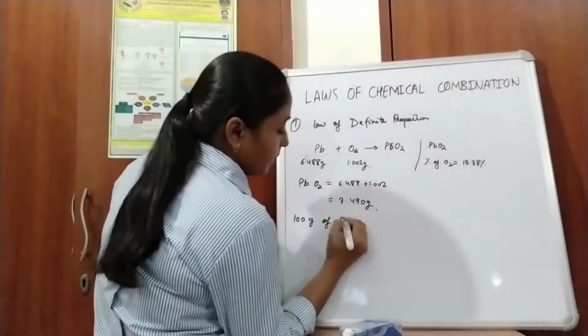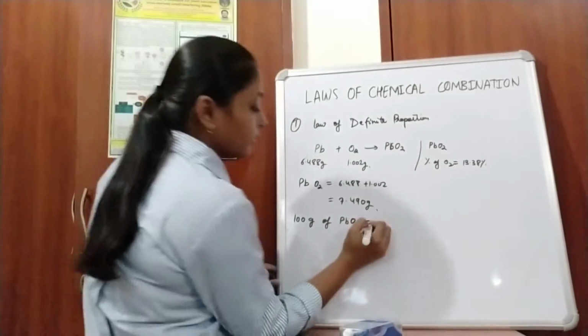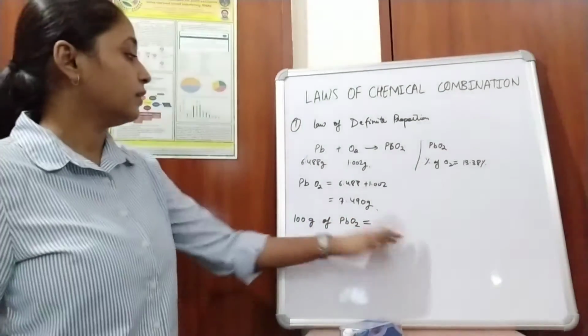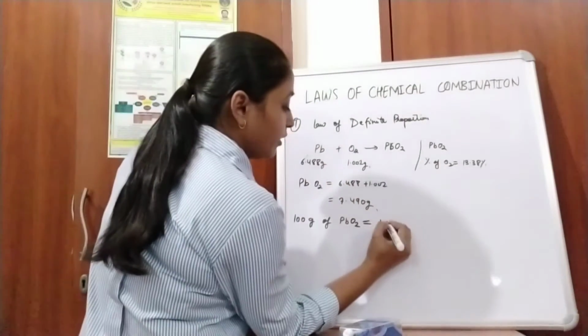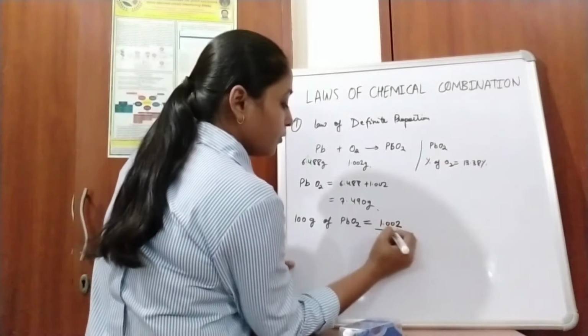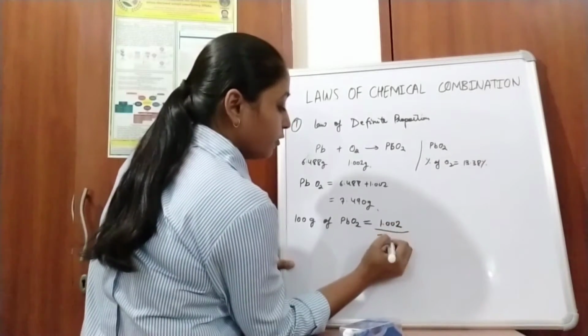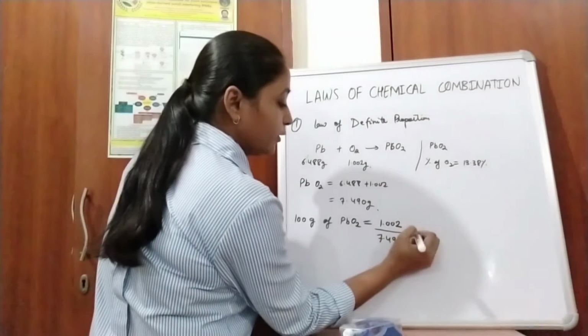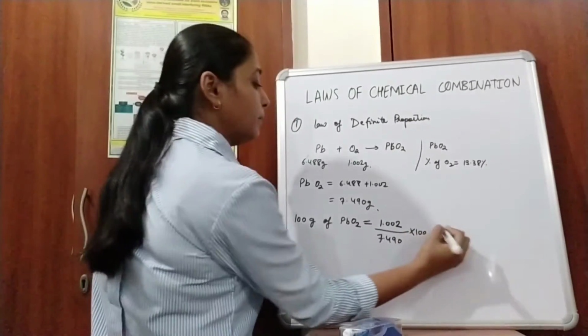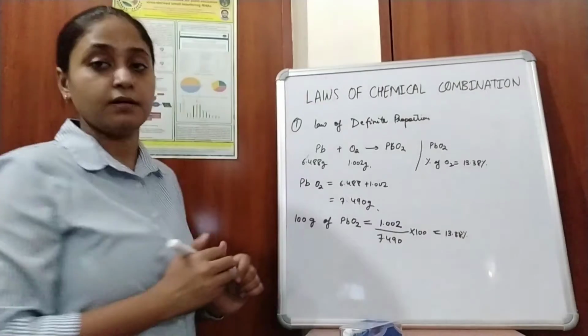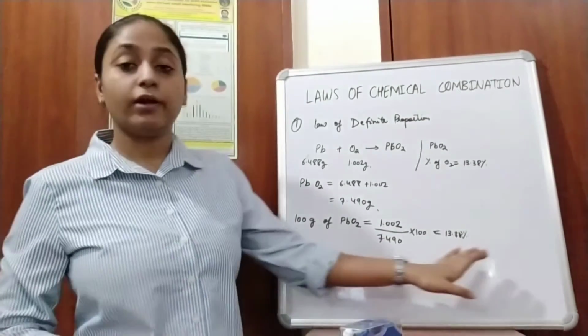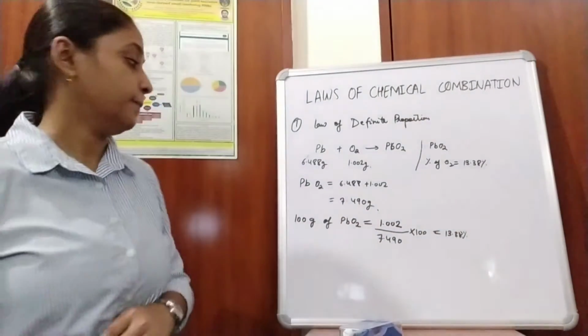So here we will calculate that 100 gram of PbO2 will contain how much oxygen. The given oxygen is 1.002 gram. So 1.002 divided by 7.490 into 100. This will be around 13.38%, right? If you solve it, you will get around 13.3, right?